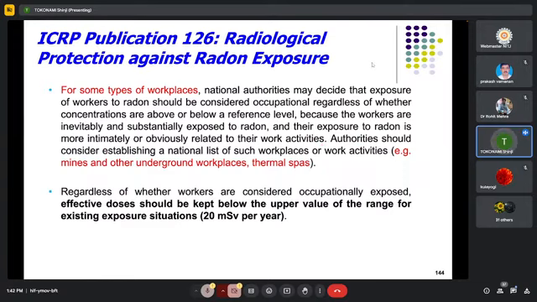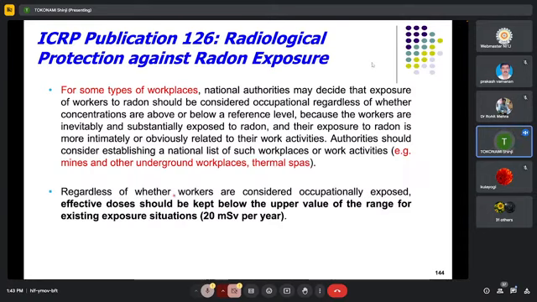Authorities should consider establishing a national list of such workplaces or work activities, namely mines and other underground workplaces, thermal spas.